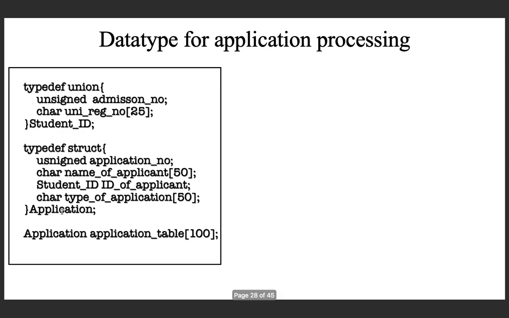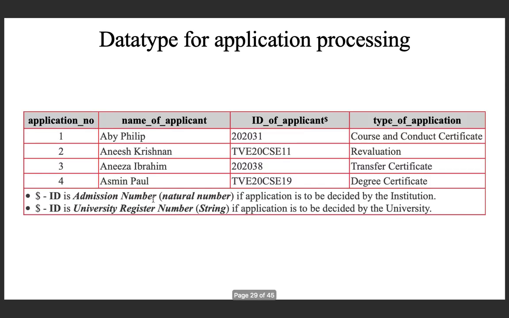Now the application table can be defined as an array of applications. Each application is characterized by the application number, name of the applicant, ID of the applicant, which could be either the admission number or the university register number, and finally the type of application. Just to cross check, this is what we wanted to have.